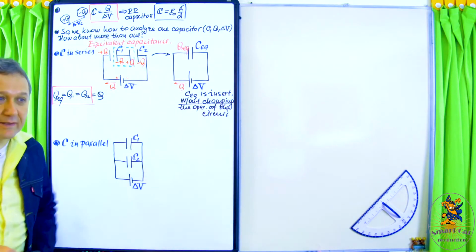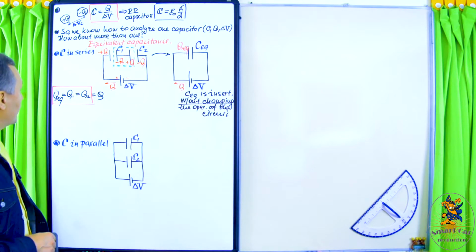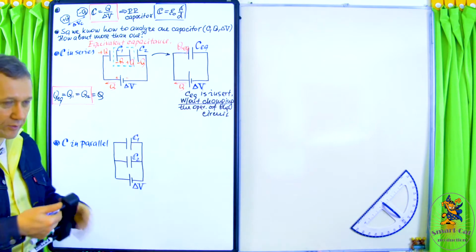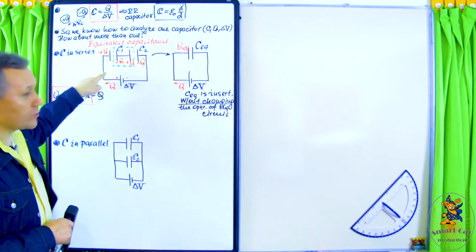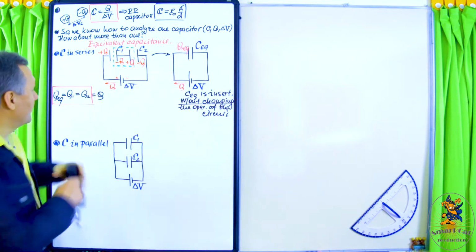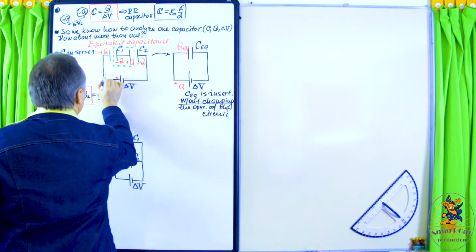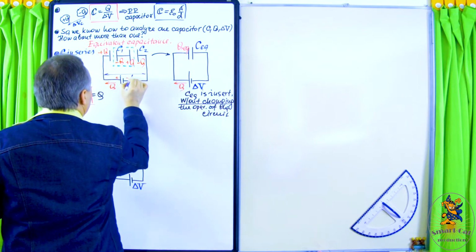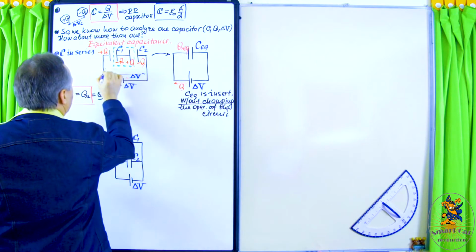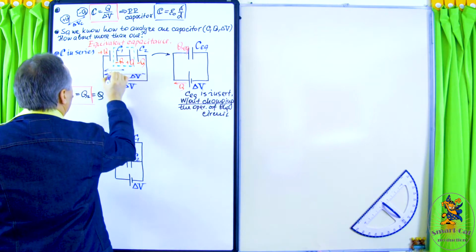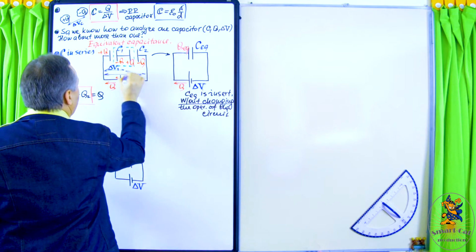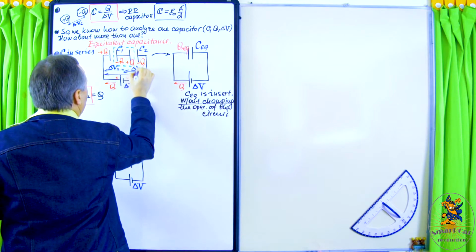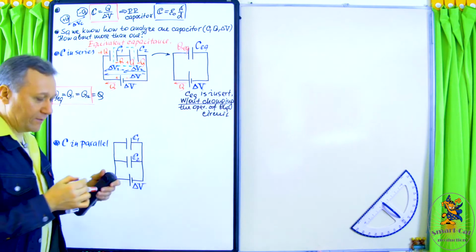Now, the next, delta V. What can we say about delta V? Delta V is usually simple, right? Everyone usually sees that. The total voltage drop across the whole circuit, delta V. Okay, let me show it here. All right, so this delta V equals the voltage drop across this capacitor, delta V1, plus the voltage drop across the second capacitor, delta V2.